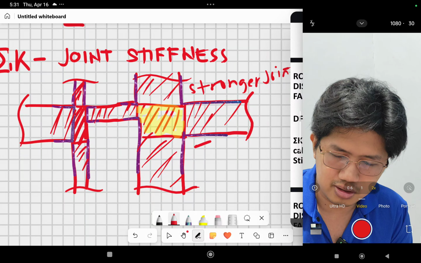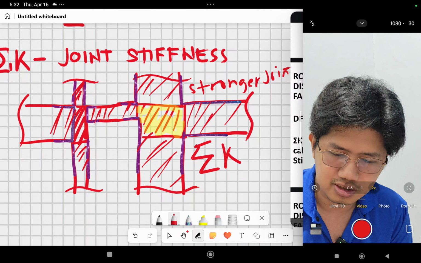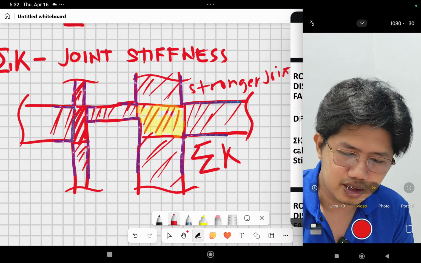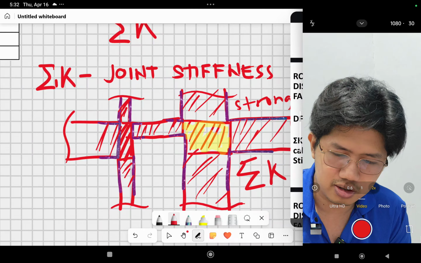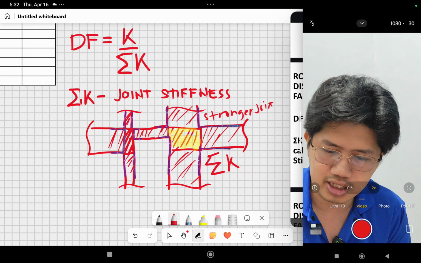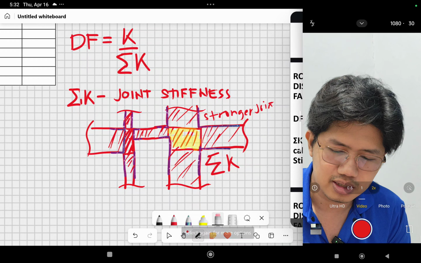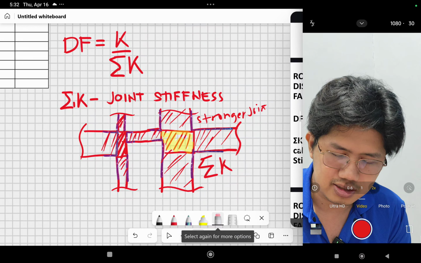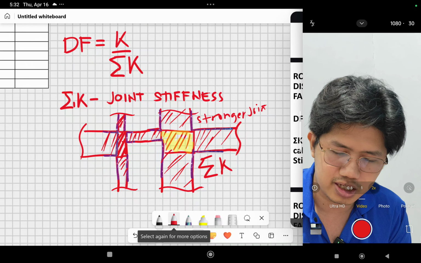So, it has a large K. Dito is smaller summation K. Okay, so summation K is yung joint stiffness. And we can determine that by just adding the stiffness of all the members connected with it.